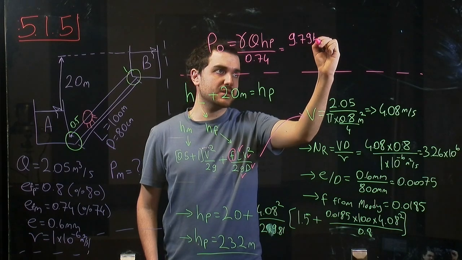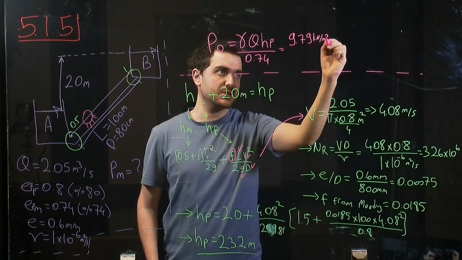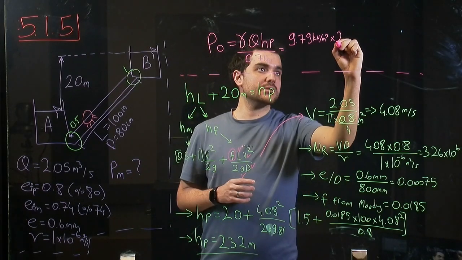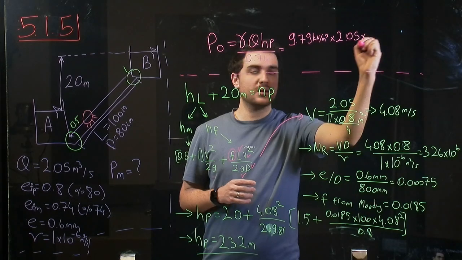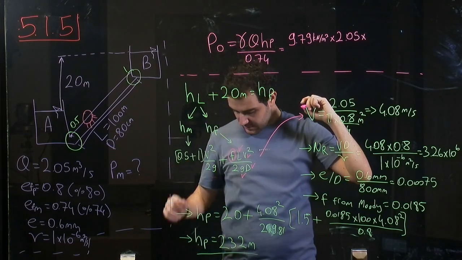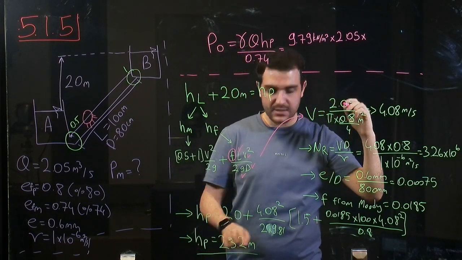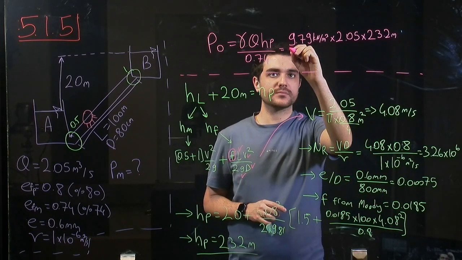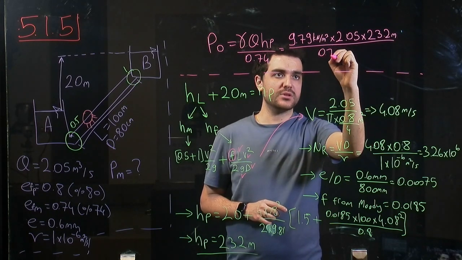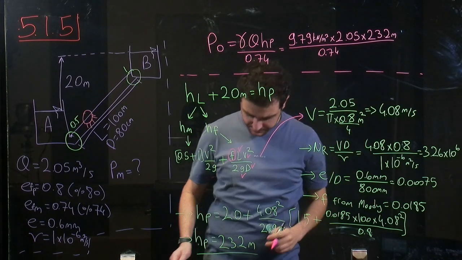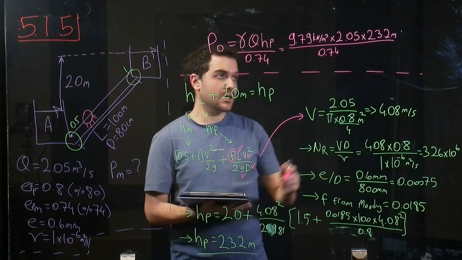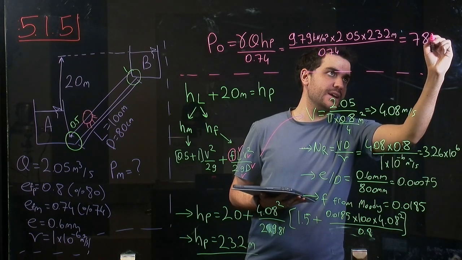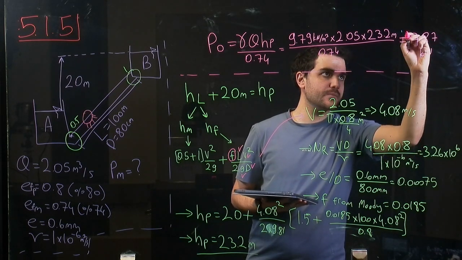This is specific weight in kilonewton per cubic meter times the flow rate, which is 2.05, and the HP was 23.2 meters, over 0.74, and this gives 787 kilowatts.